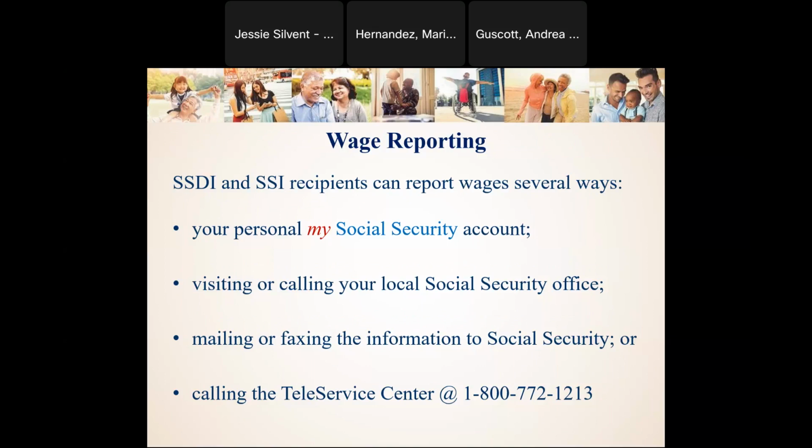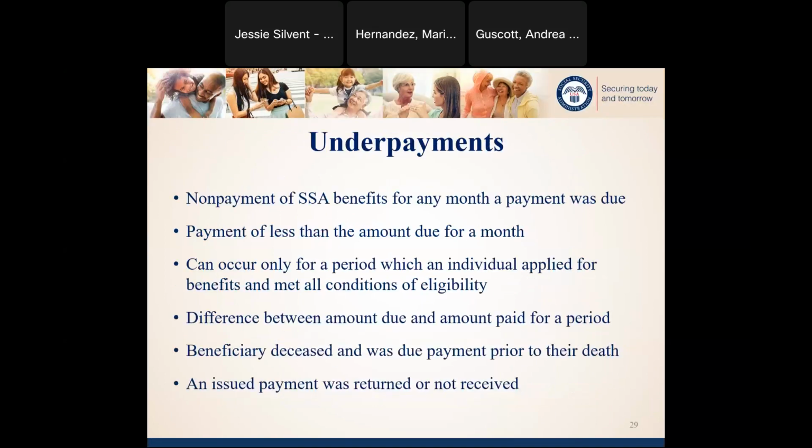Our website does have a field office locator tool where you can input your zip code and it provides you with the contact information for your office. Someone can also mail or fax the information to their office or call our toll-free National 800 number listed at the bottom of this slide. So there's many ways to report this information at the individual's ease and convenience. Next slide.